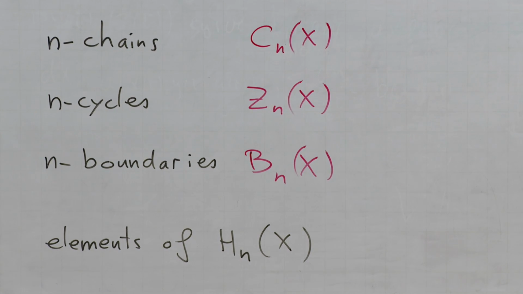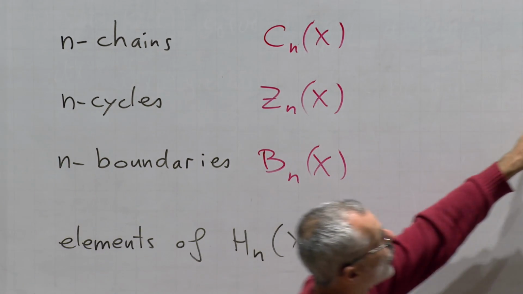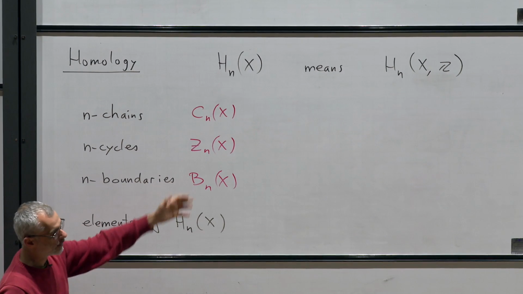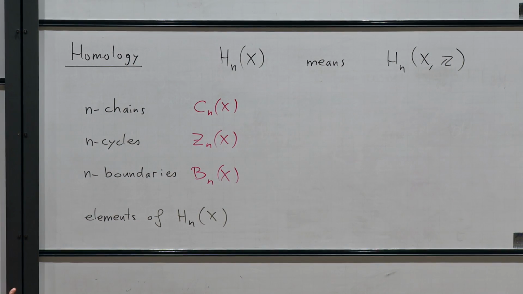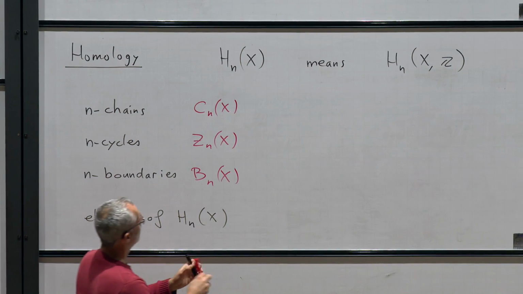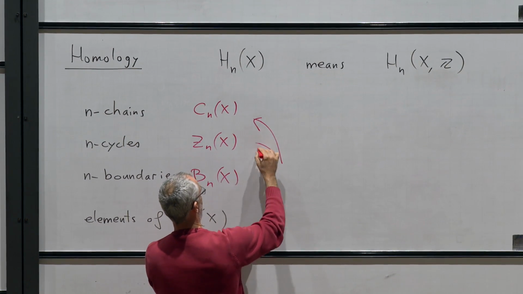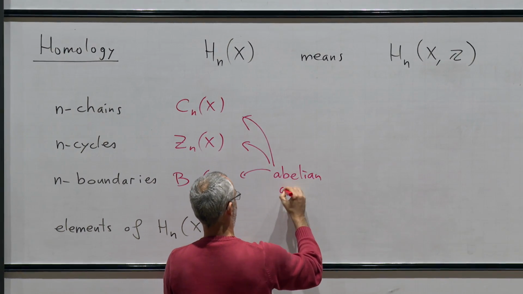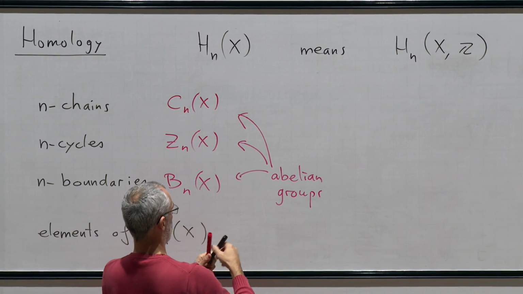So before defining them formally, these are all abelian groups, and all of these depend implicitly on a choice of coefficients that is not denoted right now. Before defining them formally, I will tell you how they're related. I guess this one is also an abelian group.